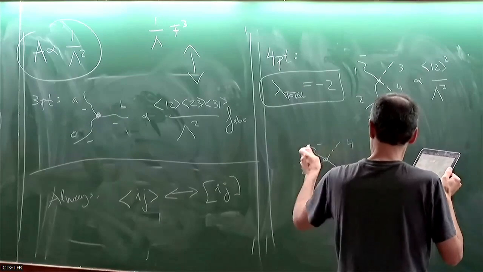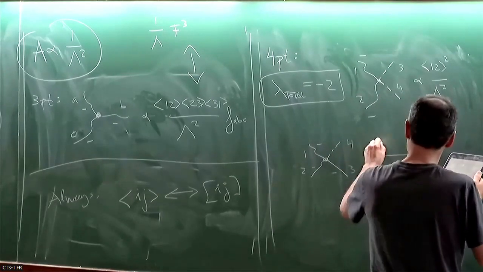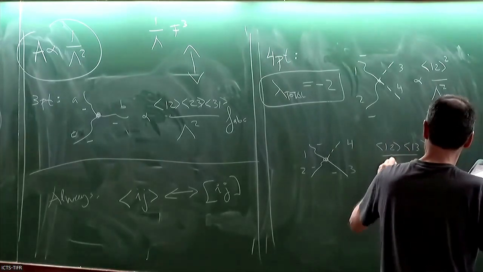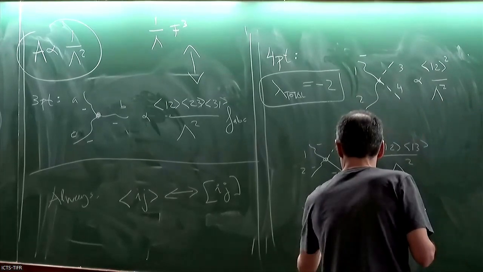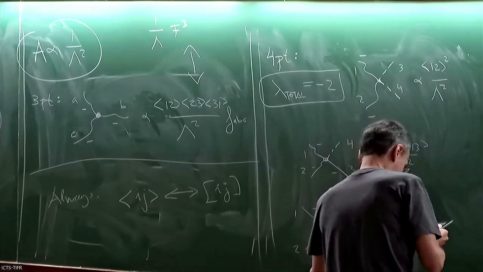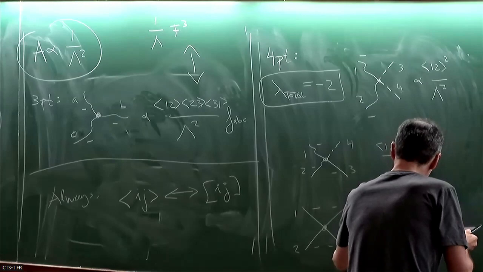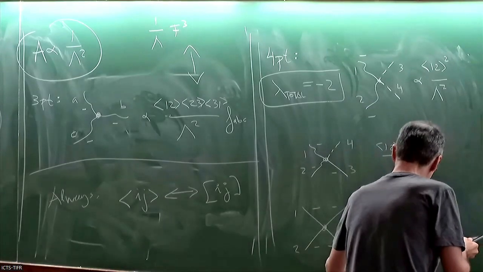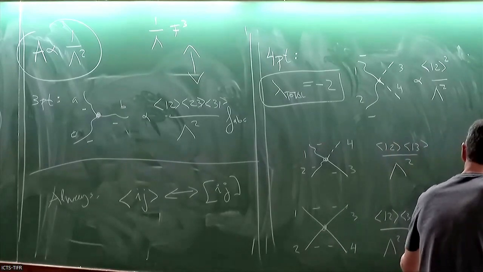Dimension 6 likes everybody minus, but not completely, but 1, 2, 1, 3, lambda square, and you can check that you can also have minus 1, 2, 3, 4, but you have two of them. You can write it like 1, 2, 3, 4 lambda square, or you have another one that is 1, 3.